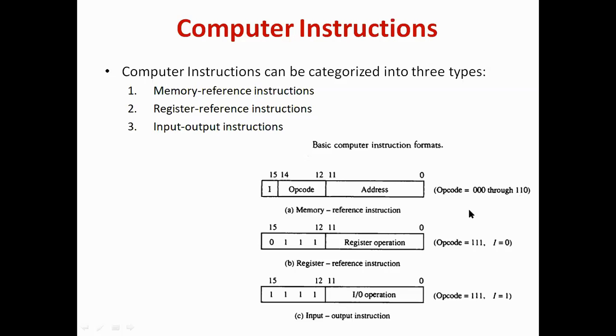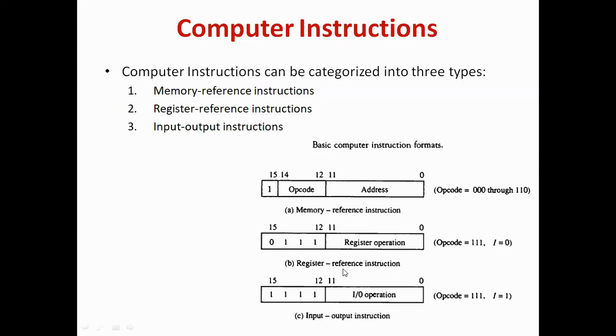If this is 111, then it is one of the two categories, either a register reference instruction or an input output instruction. Again, how to recognize which category will be decided by this I bit. If the I bit is 0, then this is a register reference instruction, and if the I bit is 1, this is an input output instruction.